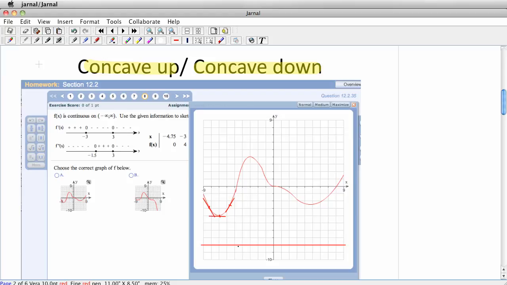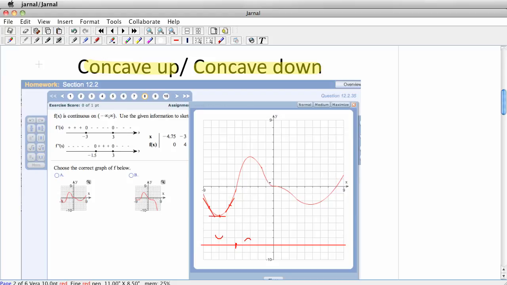Right around here is a point where the graph stops being concave up and starts being concave down. That changes again when I get to this point. The graph is concave down to here, but right at this point it starts to be cupped upward.